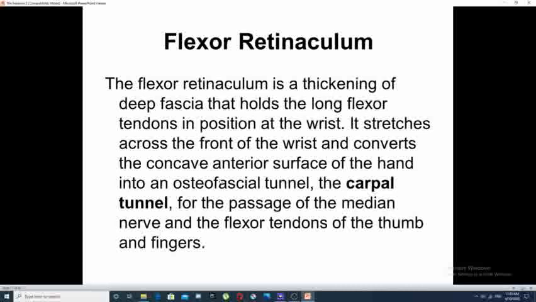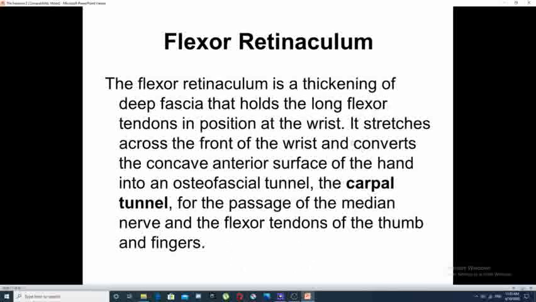Another entity in the forearm is called the flexor retinaculum. Flexor retinaculum is a thickening of the deep fascia that holds the long flexor tendons in position at the wrist. Long flexor tendons refer to the tendons of the muscles of the anterior compartment of the forearm.